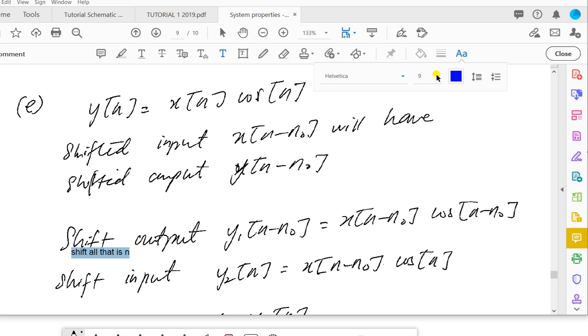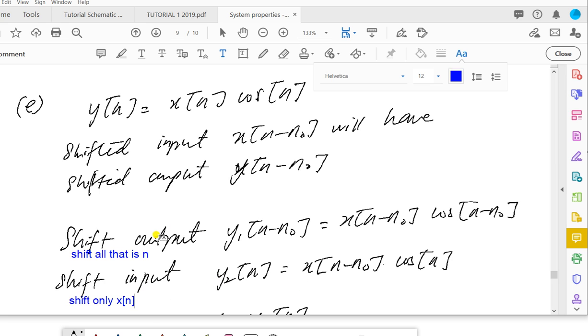Okay, all that is n, shift. Okay, shift input, shift only xn, or its siblings, maybe there's xn minus 1, you have to shift that one also, right?